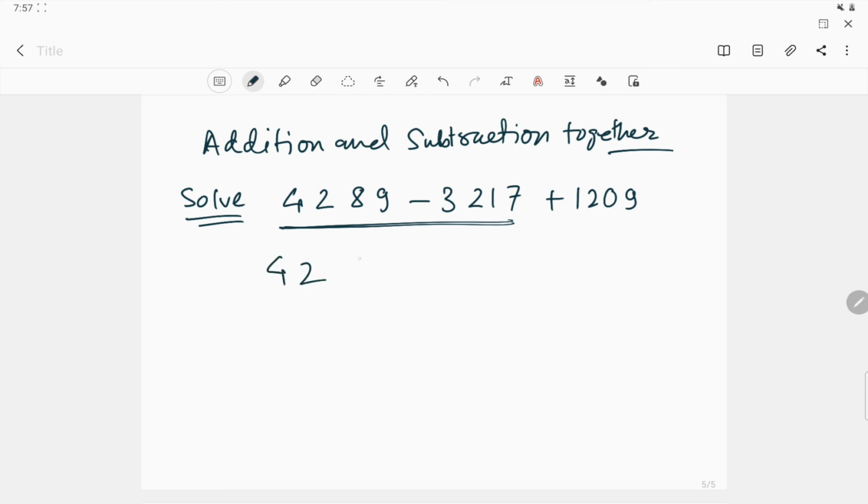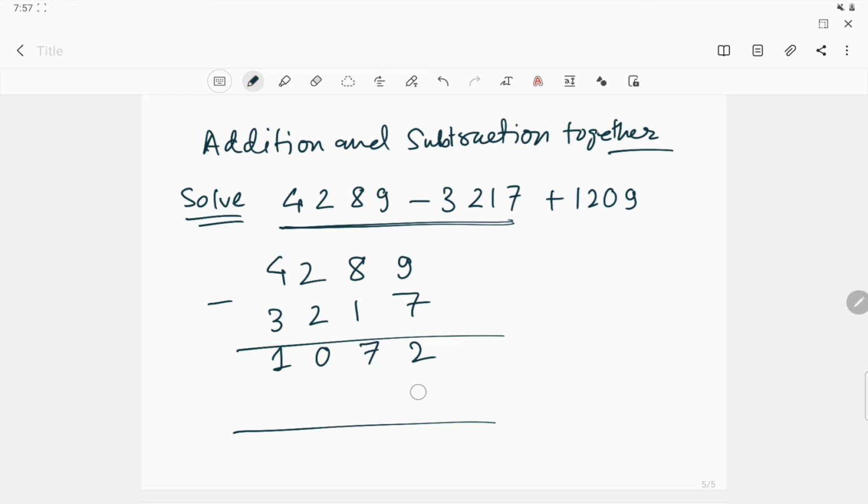Okay, now write down column wise, right? 9 minus 7 is 2, 8 minus 1 is 7, 2 minus 2 is 0, 4 minus 3 it will be 1. Now add 1209.